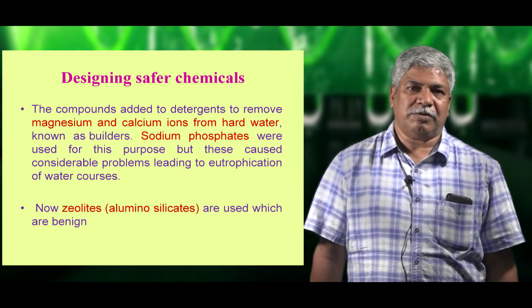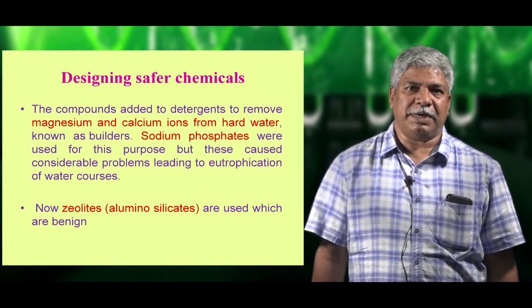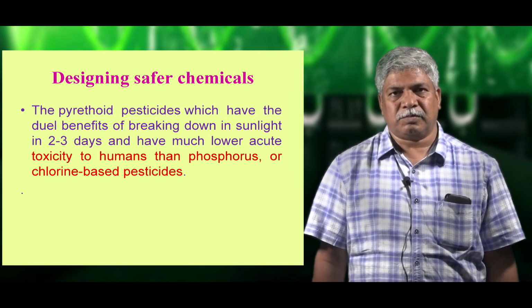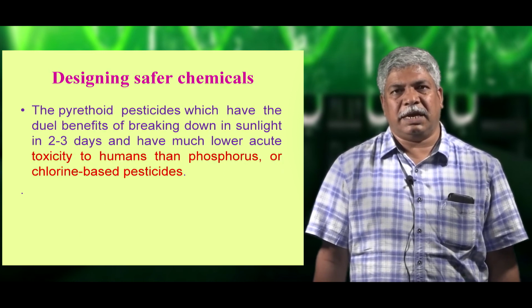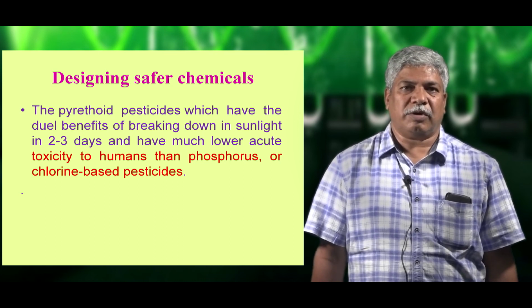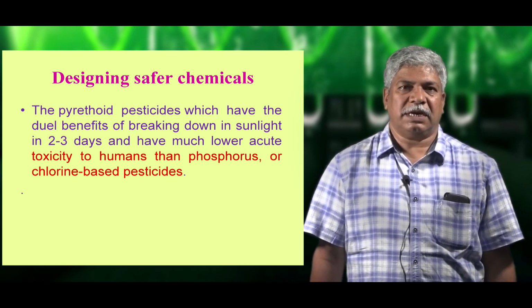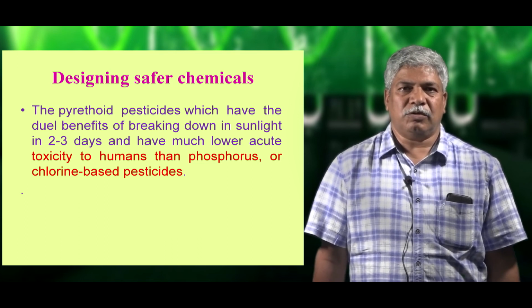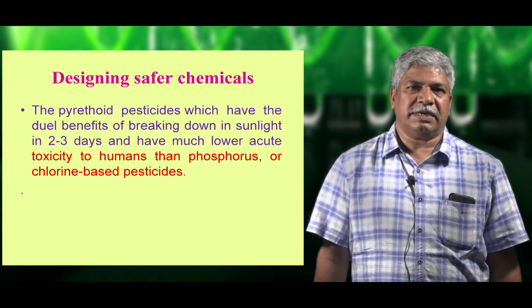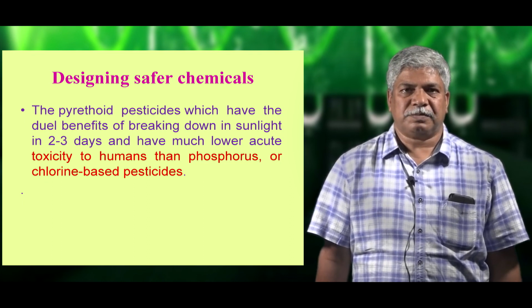Once again, to explain with one more example, let us talk about insecticides and pesticides. India being an agricultural country, we depend on agricultural products. Nowadays it is almost impossible to produce agricultural products without insecticides and pesticides.